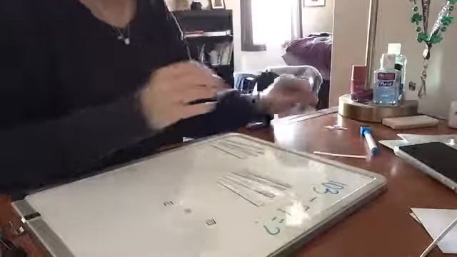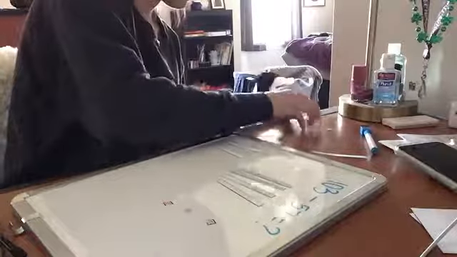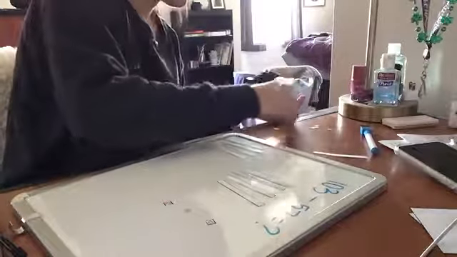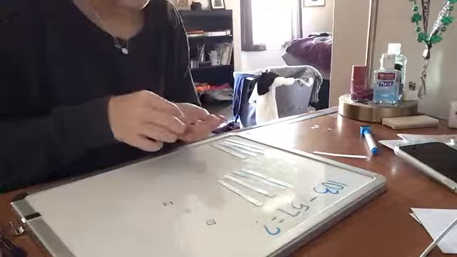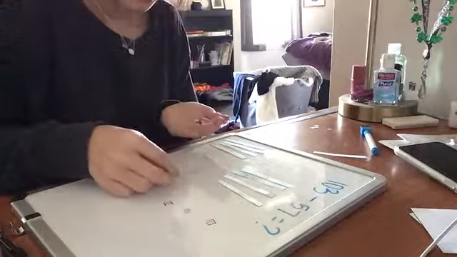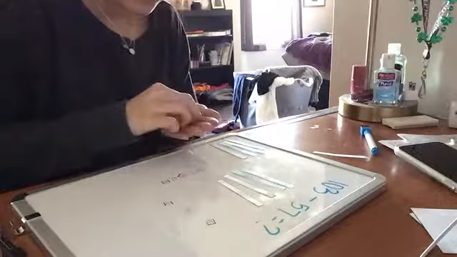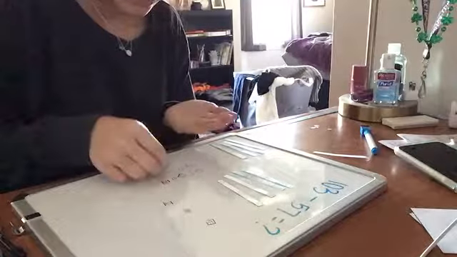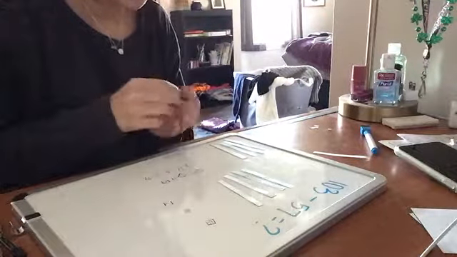So now we're going to pick 10 units out from our broken up rod. So now we have 1, 2, 3, 4, 5, 6, 7, 8, 9, and 10.